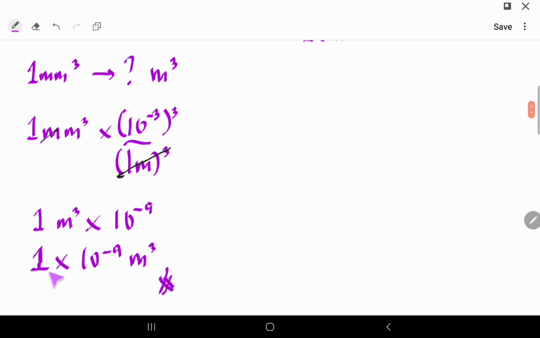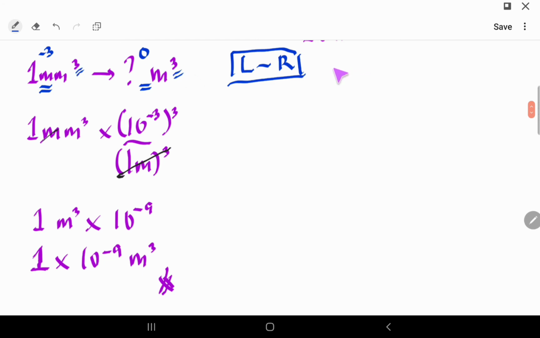Or by using the second method, which is the left minus right method. At the left side, what do we have? Milli. Milli equals negative 3. And here we have nothing, so 0, no prefix there. But the index number is 3.